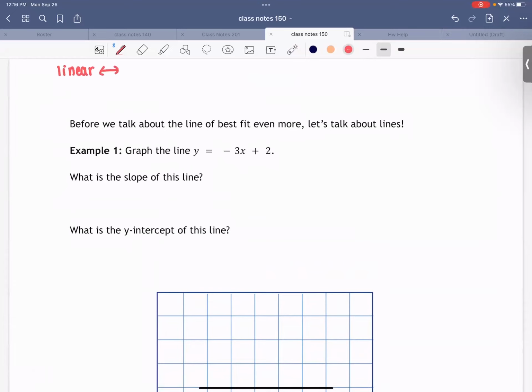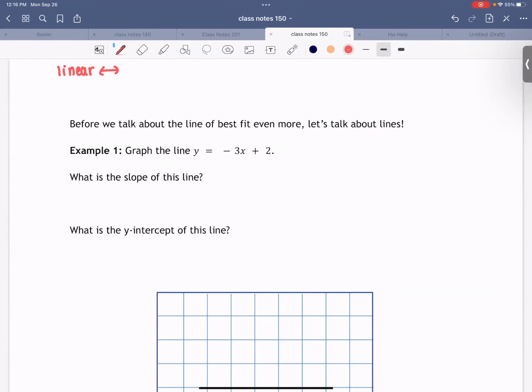Does anyone know what's special about a linear line? What makes it different than like a quadratic line? That's actually really good, but maybe in more general terms, it's a straight line.